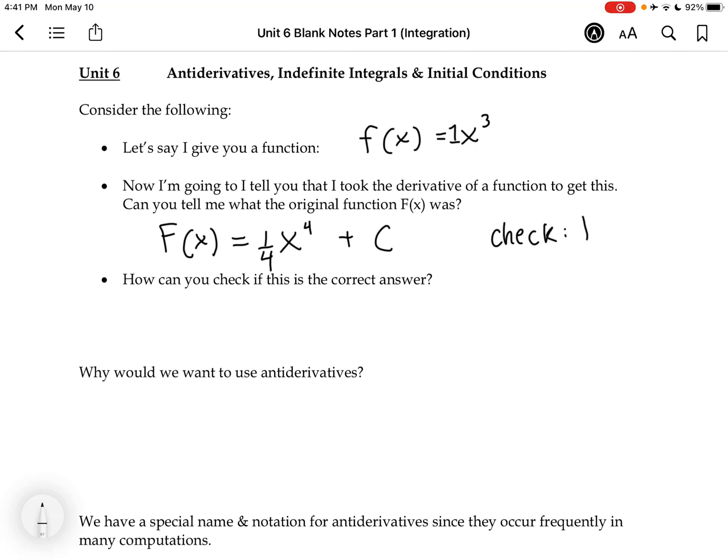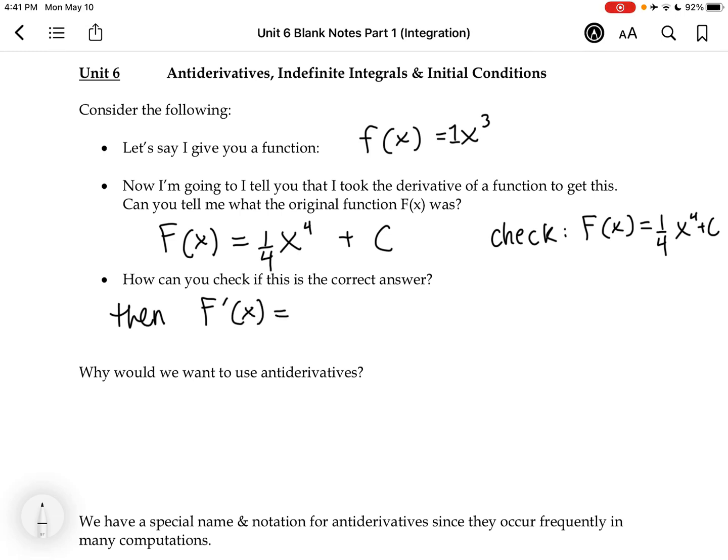If F of x equals 1/4 x to the 4 plus c, then what would F prime of x be?